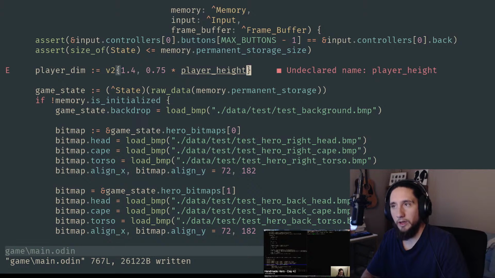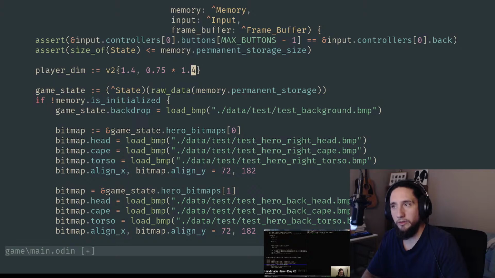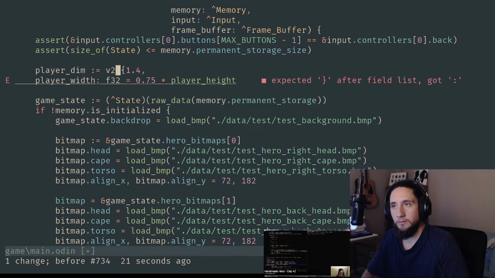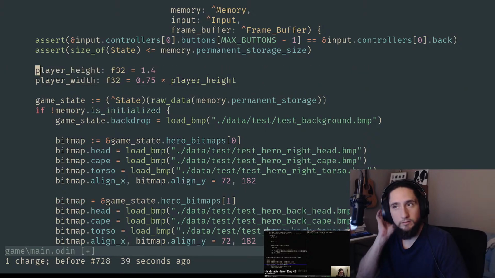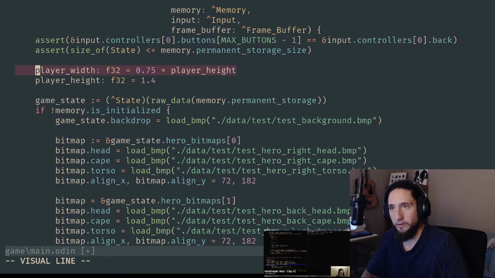Oh yeah, well I guess that's the reason why that won't work, huh? Because we don't know the player height. We can just say that, right? And also width is going to be first.